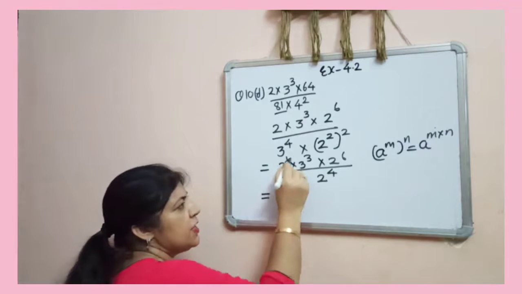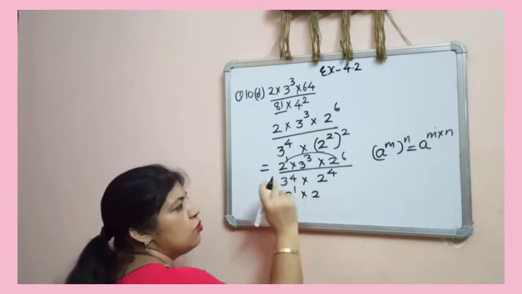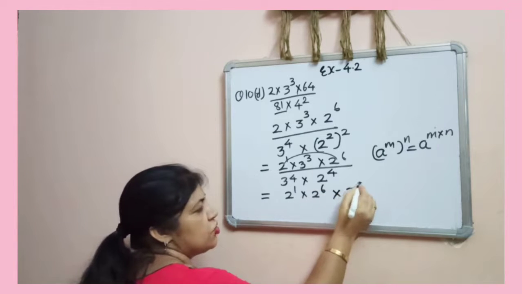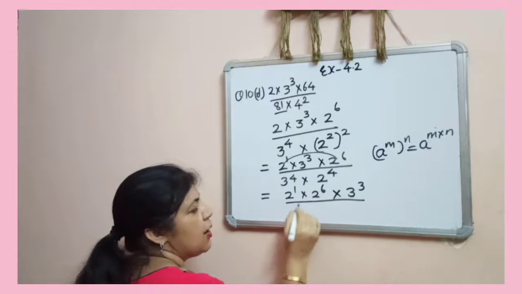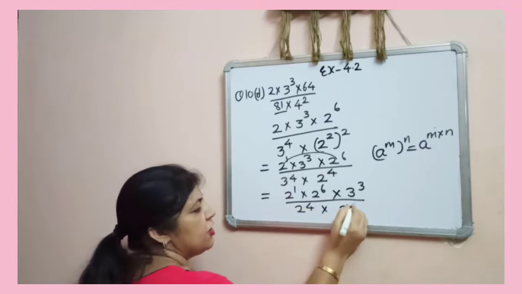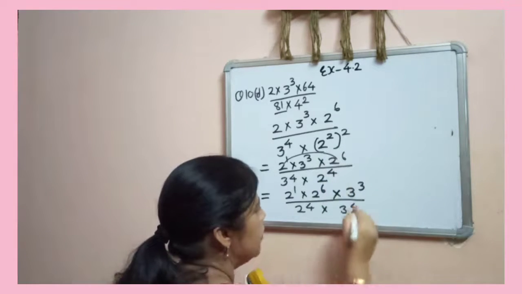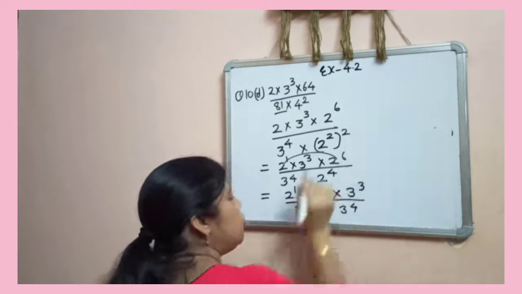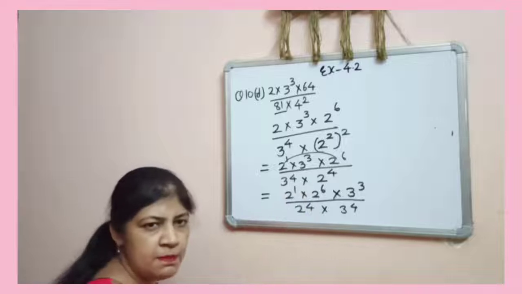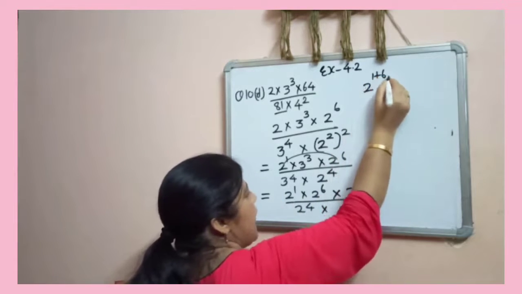Now you can combine like terms with base 2: 2 raised to the power 1 into 2 raised to the power 6, over 2 raised to the power 4, and 3 raised to the power 3 over 3 raised to the power 4. Here bases are same, powers are different, so the powers will be added.